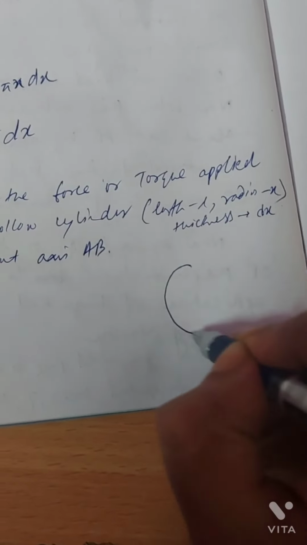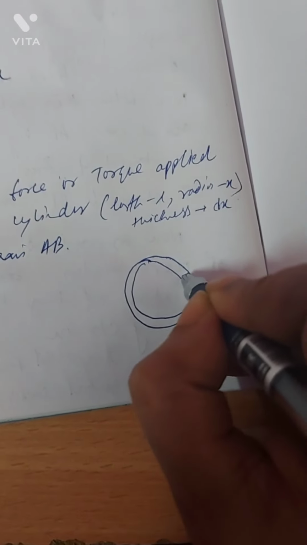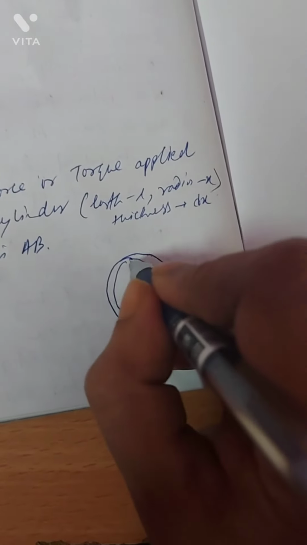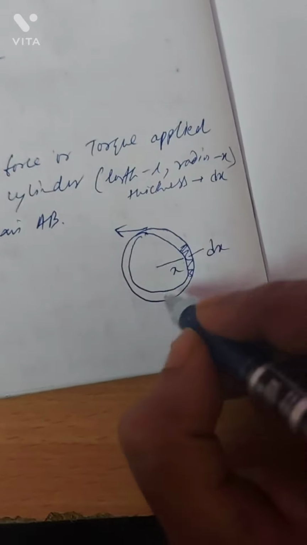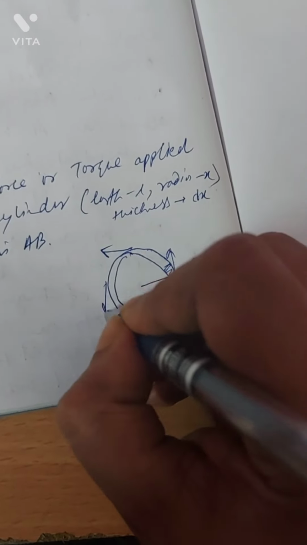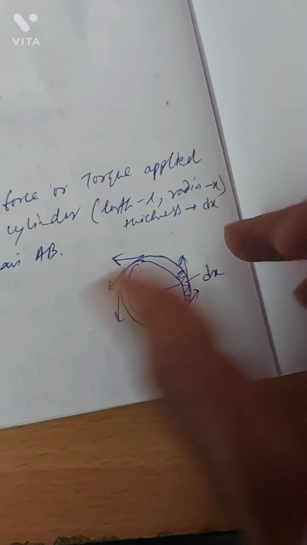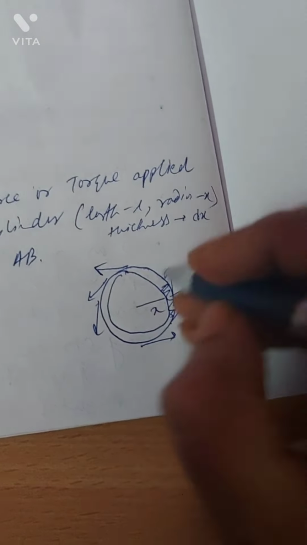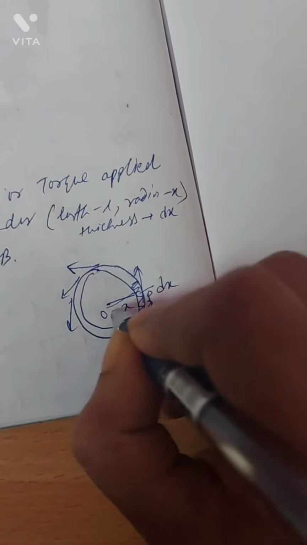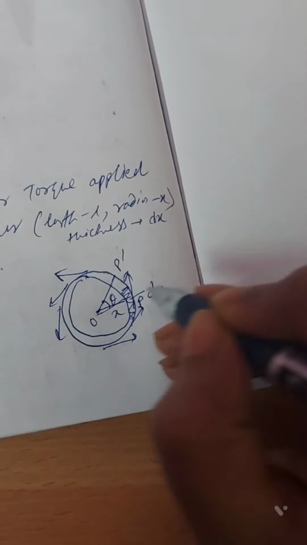As we see, this is the hollow cylinder. This is the dx, this is x. The force is applied in this direction, and in this direction, like this, in anti-clockwise. Because of this, P has turned to, say, P dash. This is the angle theta.